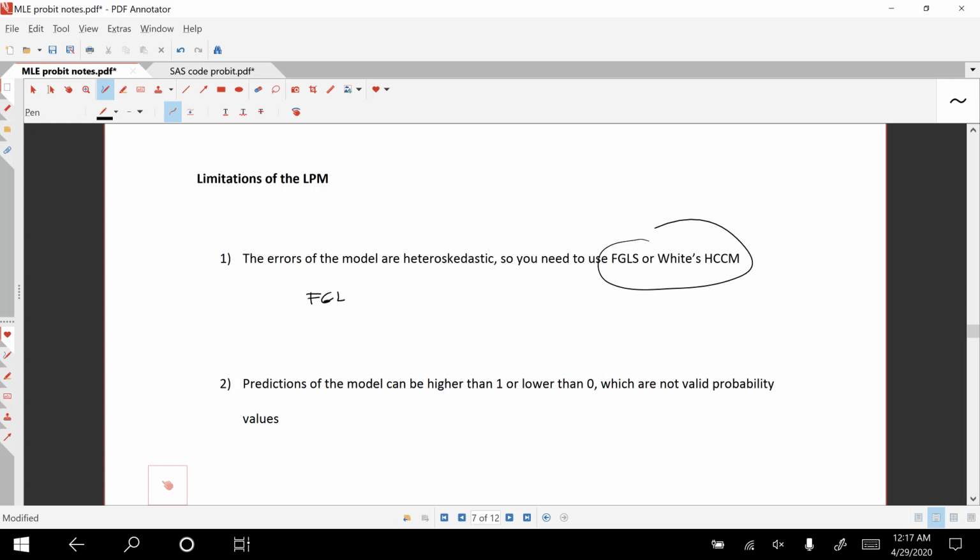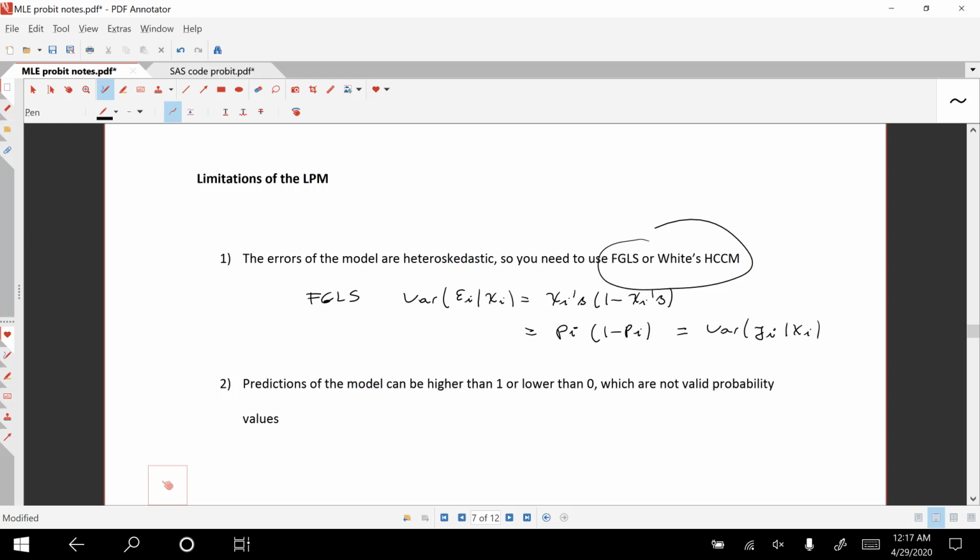You could use feasible generalized least squares because, remember, by definition the variance of the errors is going to be xi prime beta times 1 minus xi prime beta, and that comes from the fact that yi is a binary outcome. The probabilities are pi times 1 minus pi. Remember, that was the variance of the errors, which is the same as the variance of yi conditional on xi. So be aware of that.